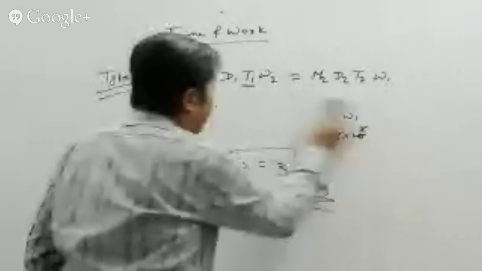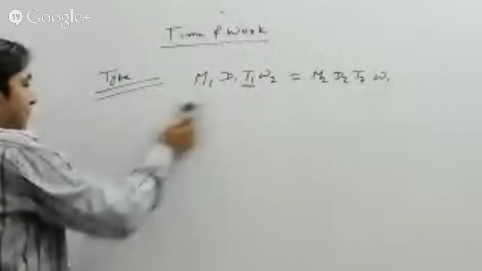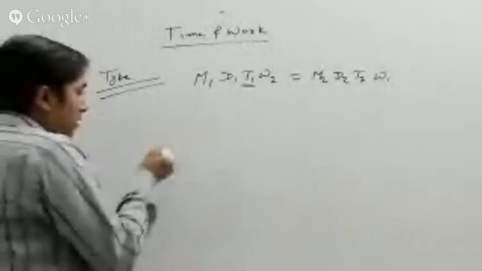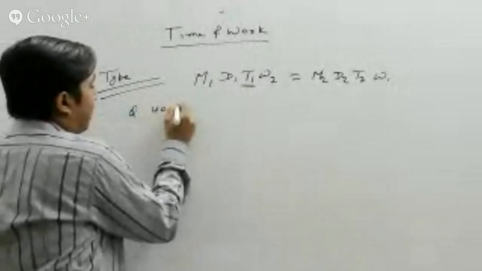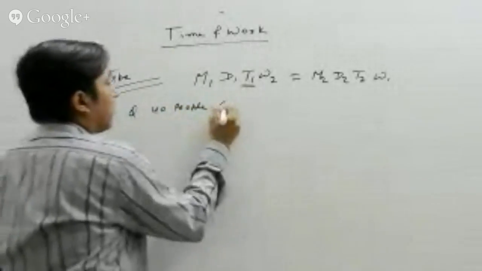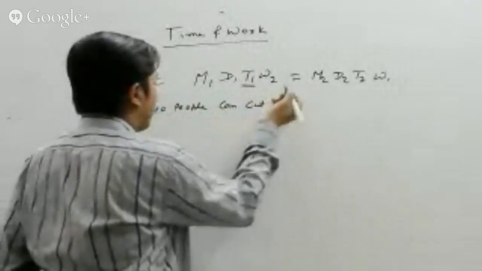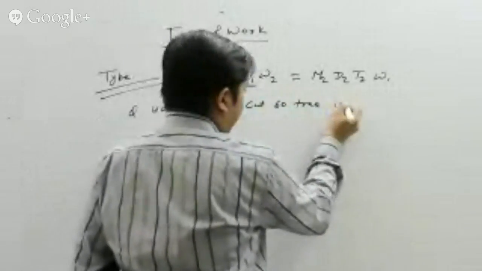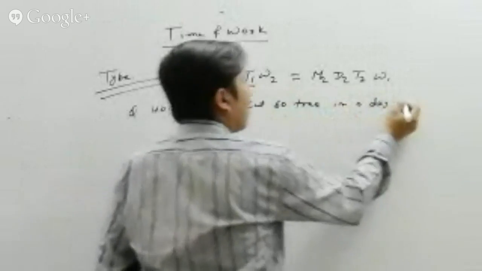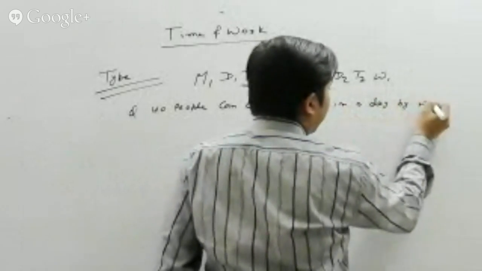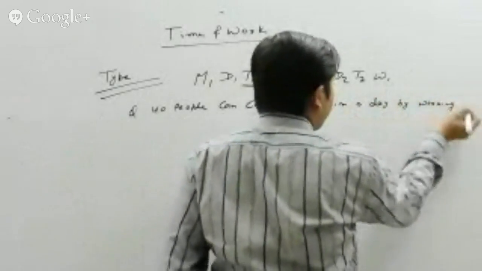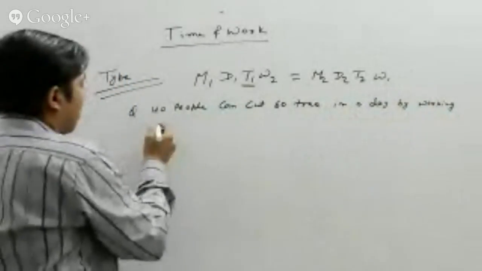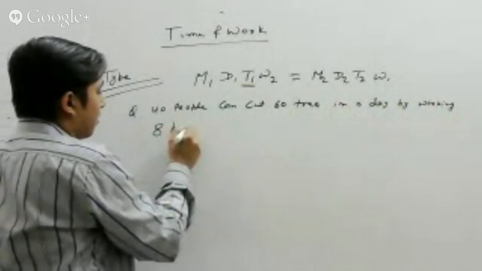Take one more example. Question: 40 people can cut 60 trees in a day by working 8 hours.